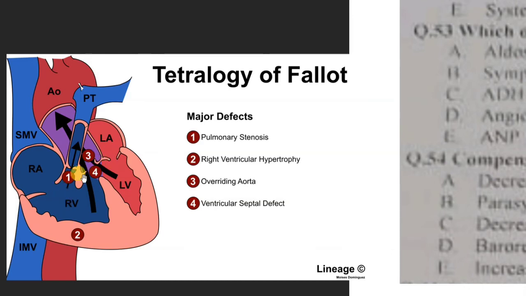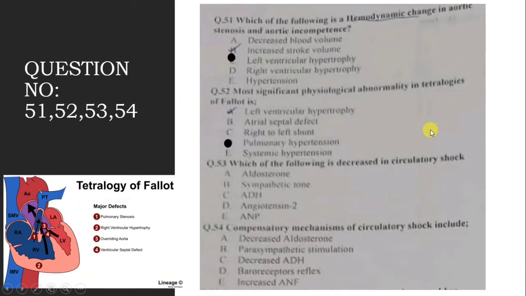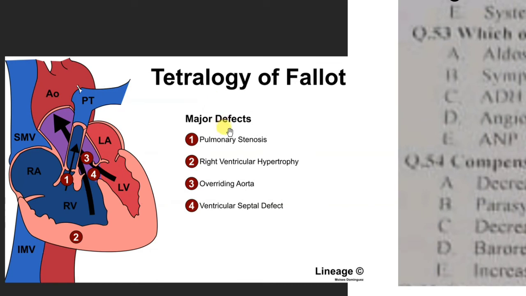You can see here in these figures, the pulmonary hypertension is due to the pulmonary stenosis. As we have discussed in the previous question, the aortic stenosis causes systemic hypertension and leads to left ventricular hypertrophy. But pulmonary stenosis will lead to pulmonary hypertension and right ventricular hypertrophy. That's why, due to the pulmonary stenosis, the right ventricular hypertrophy occurs.